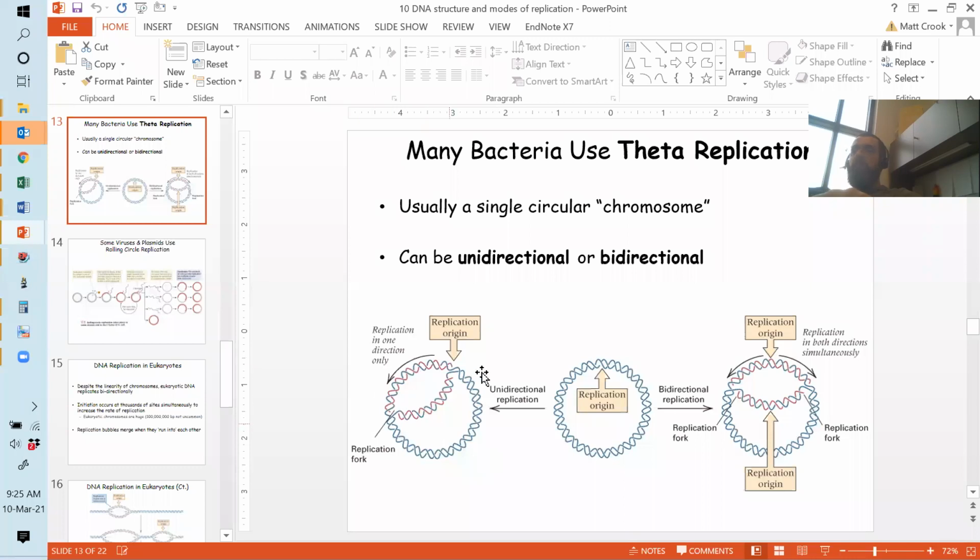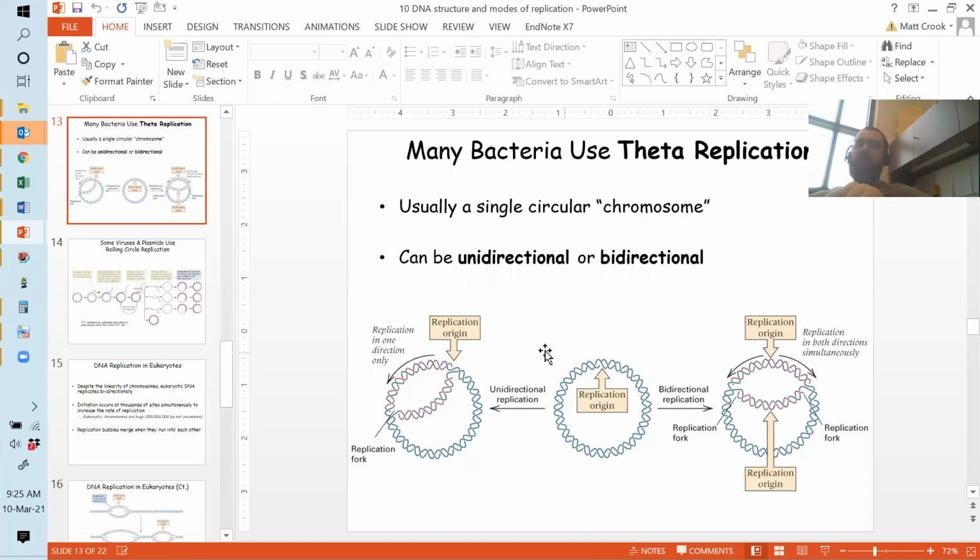Maybe this is what you do if you're replicating slowly in bacteria, and this is what you do if you're replicating fast. Maybe it's down to what species of bacteria you are. I really don't know. I'm not much of a microbiologist, to be honest. And so we have the same idea. We open up the DNA, which is twisted, and now we open it up so that it's a bubble.